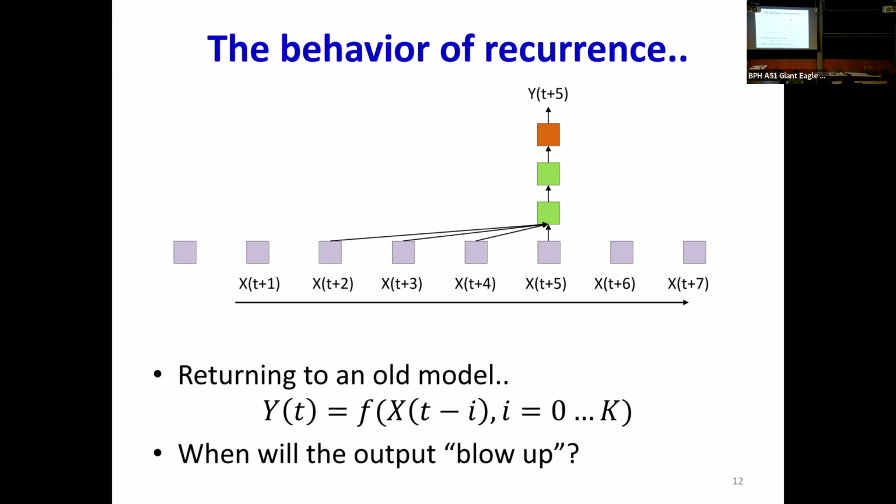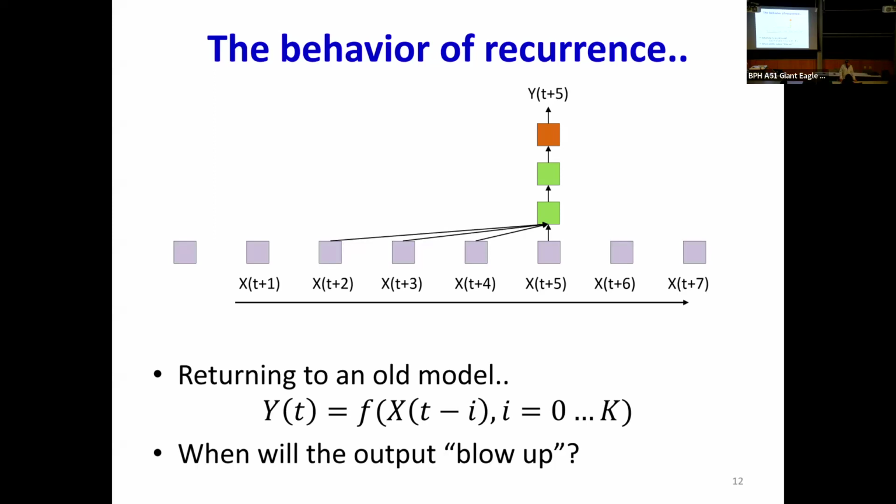Yes or no? Yes. Because the first neuron is going to see a sum of a finite number of inputs, right? And so an affine function of a finite number of inputs is going to be bounded if the inputs are bounded and the weights are bounded.